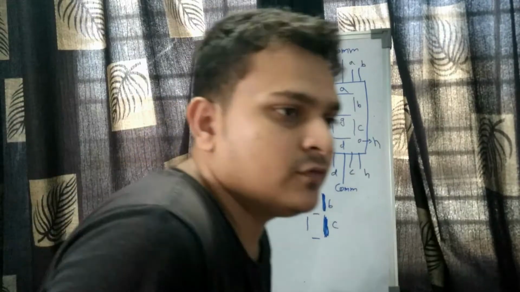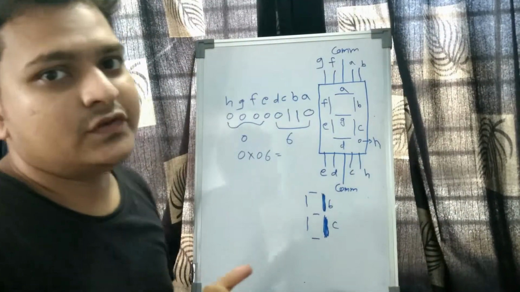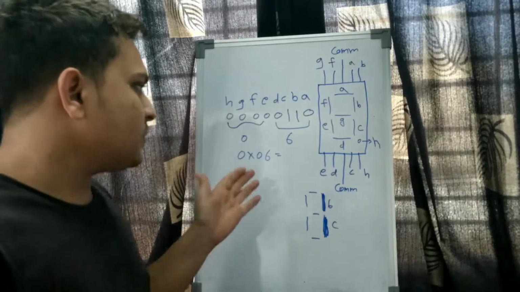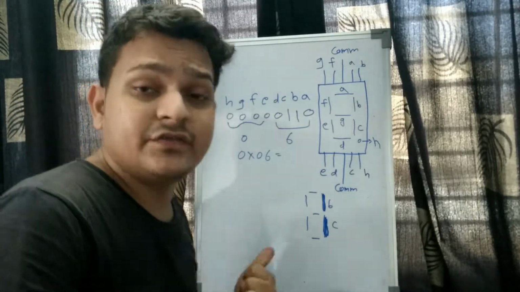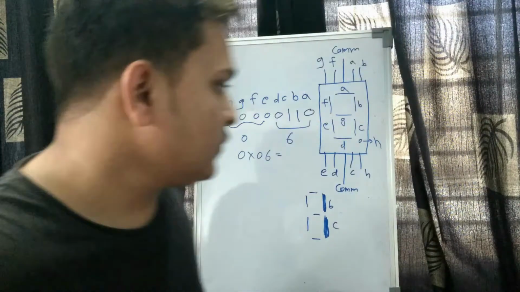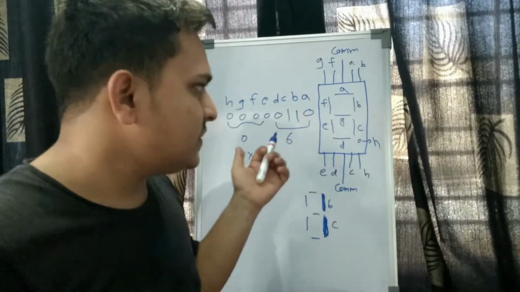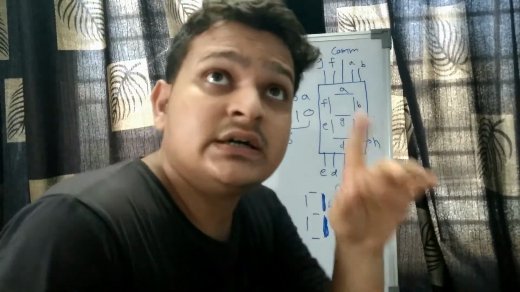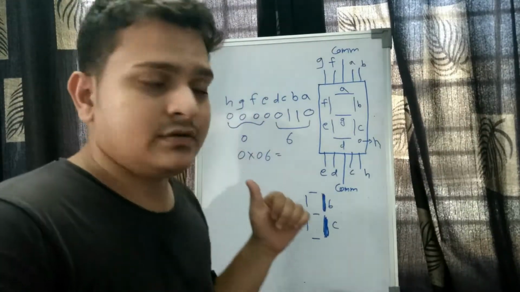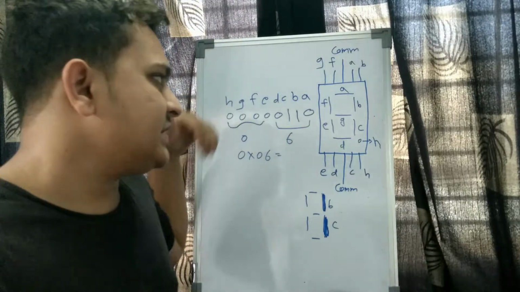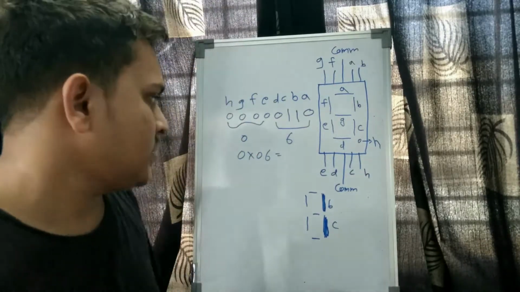All zeros will be 1 and all ones will be 0. So this is how you can make the logic 1 in this 7 segment. And if you don't know how to make the hex values, then please click on the I button, and you will see how to convert a binary value to a hex value.